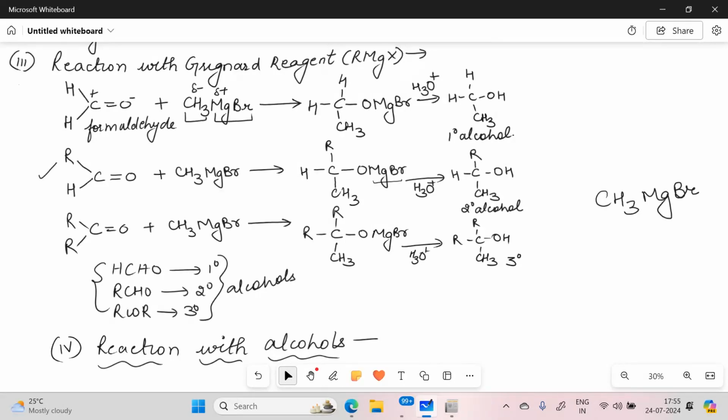Halogen has negative charge, but MgBr is an ionic compound, Mg and Br, while the bond between CH3 and magnesium is a polar covalent bond. So magnesium, because it is a metal, is partially positive and CH3 is partially negative. MgBr is just like a salt here, positive, negative, but when the bond breaks, it breaks between CH3 and Mg. Yes, ma'am.